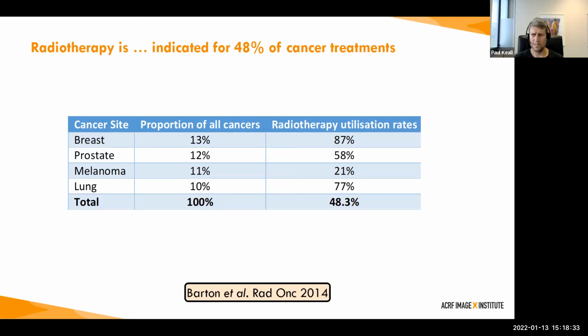So there is a variety of when radiation therapy is indicated based on the cancer type, and also based on the stage of the disease and the individual person, any potential comorbidities as well.